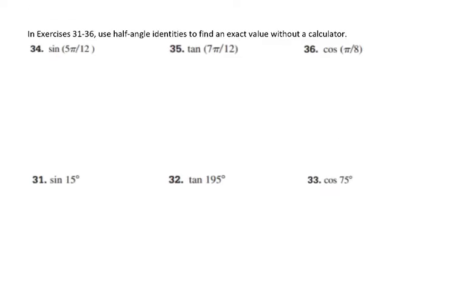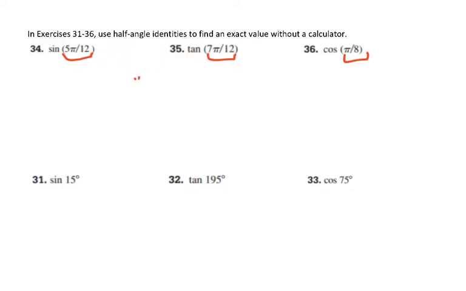Alright, so continuing on, we're now just going to use some half-angle identities in order to find an exact value without a calculator. Again, we are not necessarily solving them or reducing them as much as possible, but just as much as we can. The first thing I'm going to do is change all of these into their angle equivalents by multiplying by 180 over pi.